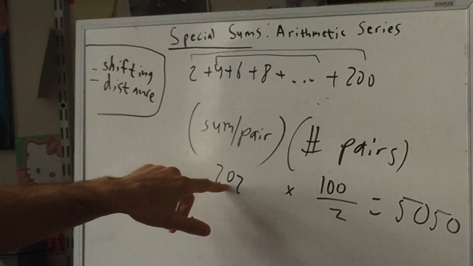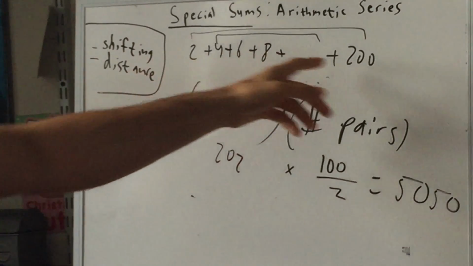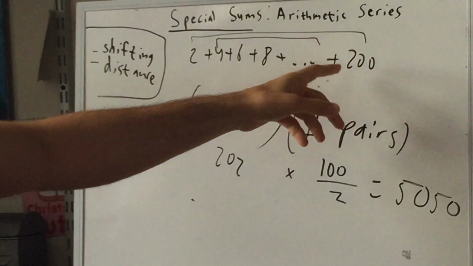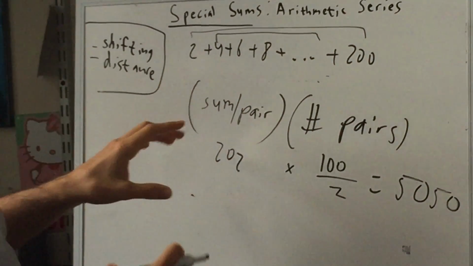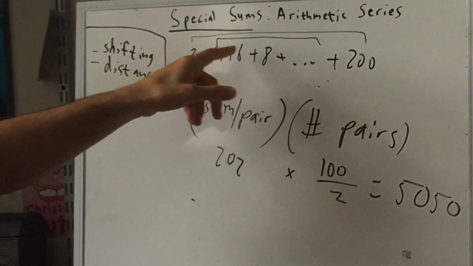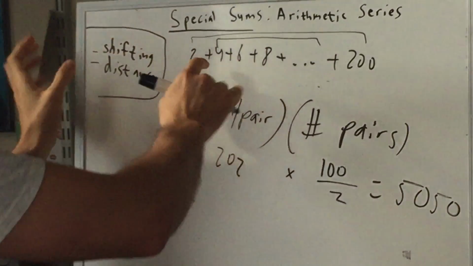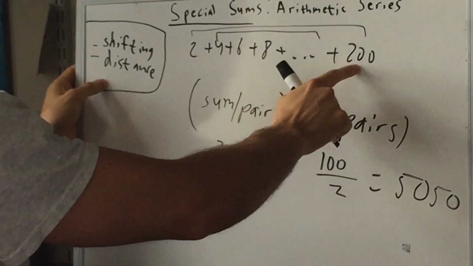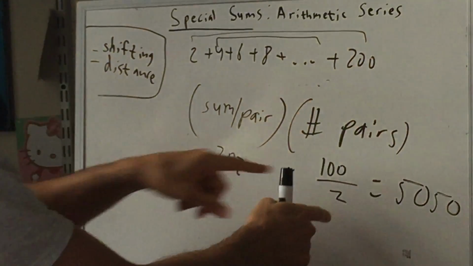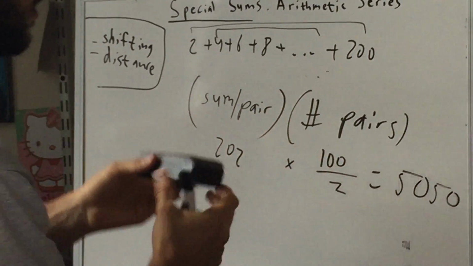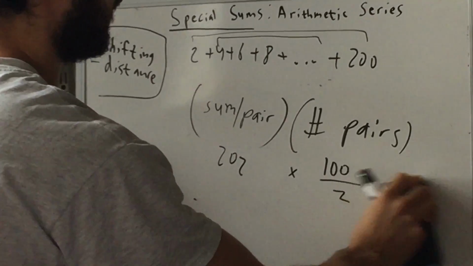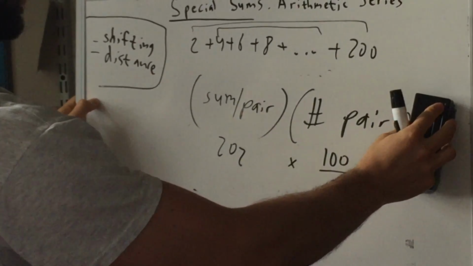Everything's going to be 202. But we can't really see how many numbers we have. So we can do a few things. In this case, we see each number is really doubled. It's an even number, so if we divide each by 2, we could see that it runs from 1 to 100. So there's still 100 numbers, so there would still be 50 pairs. But let's see what we would do in general.